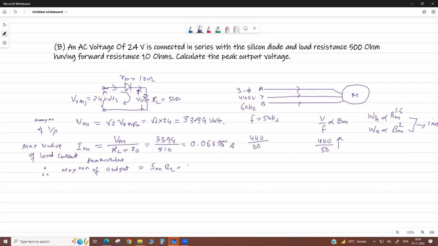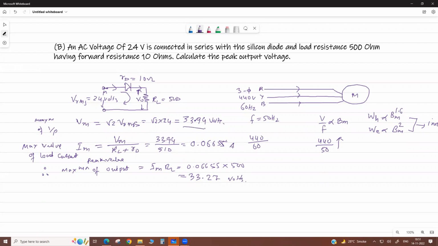The maximum current is 0.06655 into RL, which is 500. This will be your output. Take 500 only, not 510 here, because output we measure across the load resistance. So it comes 33.27 volt.